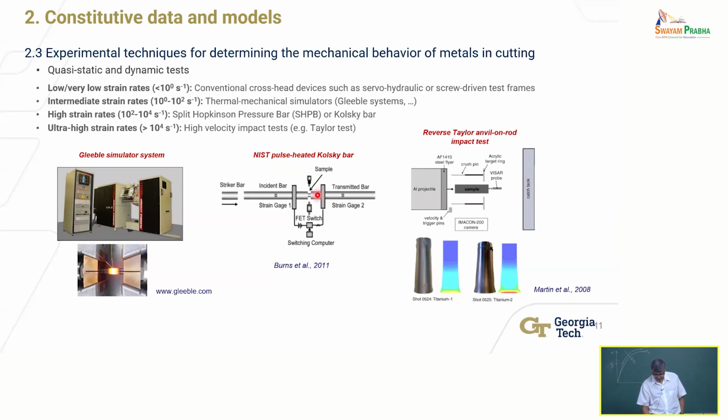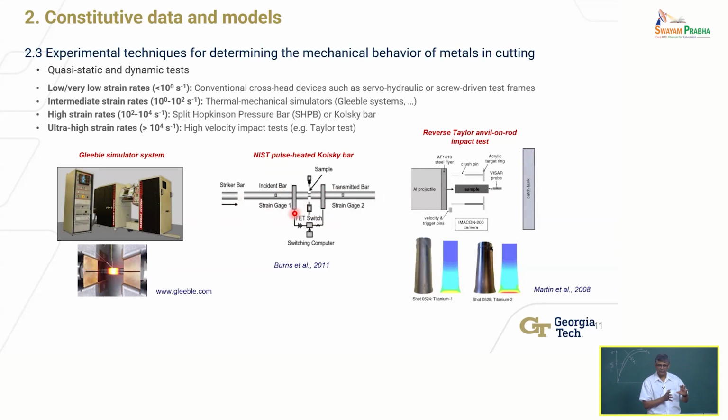There's a sample that is placed here between these two bars. These bars are instrumented. One bar is the incident bar. It is incident on this workpiece. So you shoot this bar, literally shoot it. Sometimes this is called a gas gun experiment. You pneumatically actuate this bar almost like a gun.